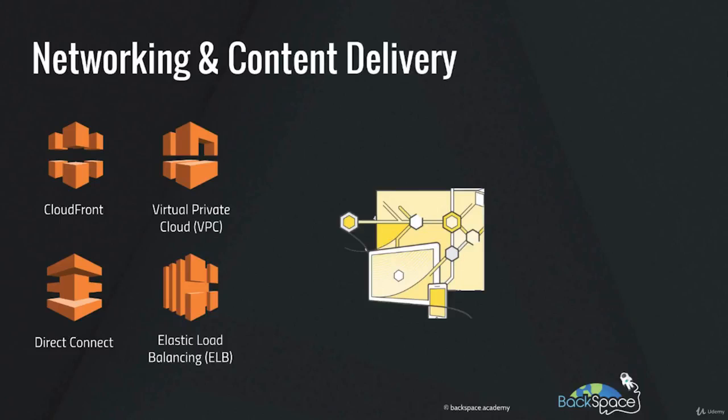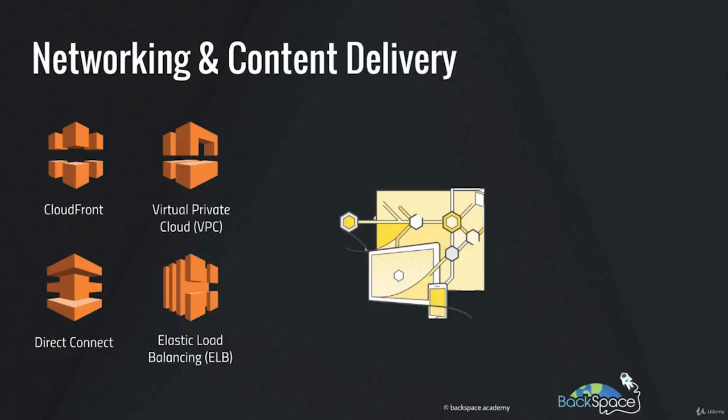AWS Elastic Load Balancing, or ELB for short, automatically distributes incoming traffic for your application across multiple EC2 instances and also in multiple availability zones. So if one availability zone goes down, the traffic will still go to the other availability zone, and your application will continue to deliver responses to requests.